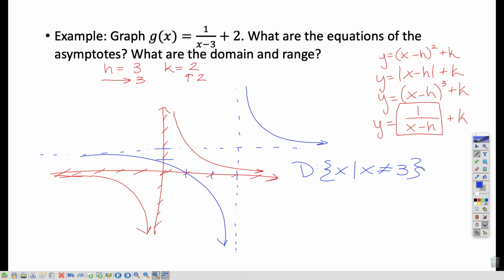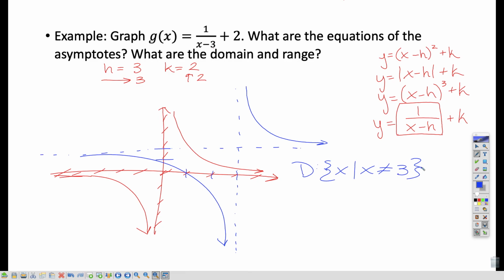H is 3. The H is in the equation. You're right, but why? It's X minus H. So it'd be 3 minus 3, and you can't divide by 0.